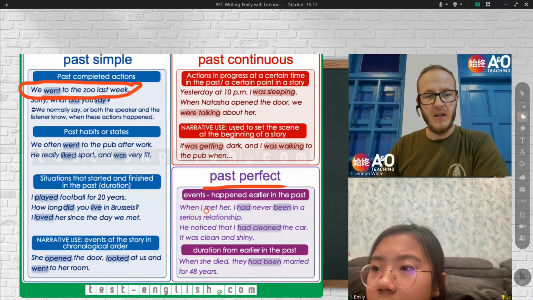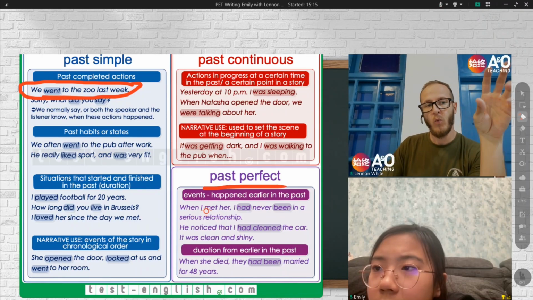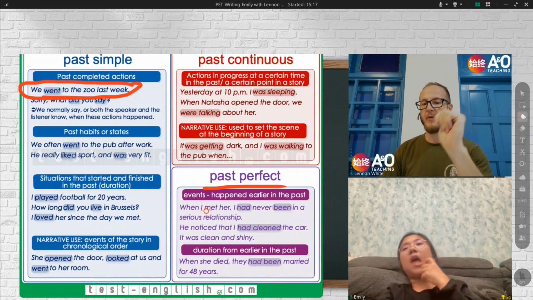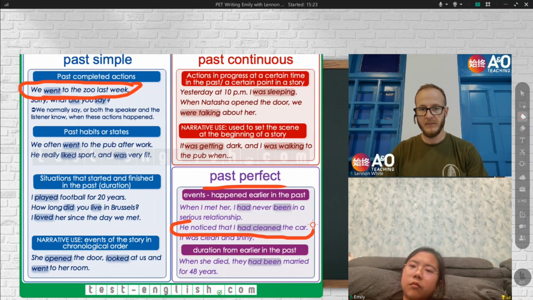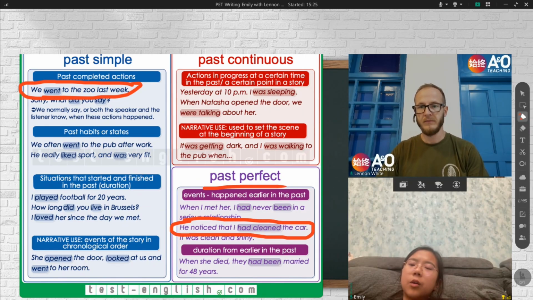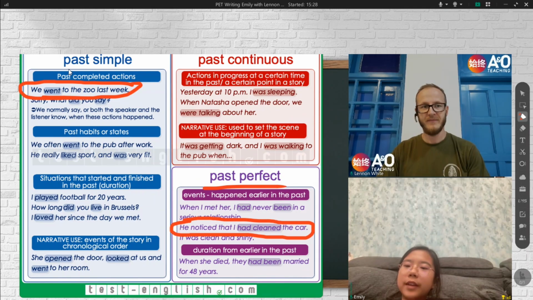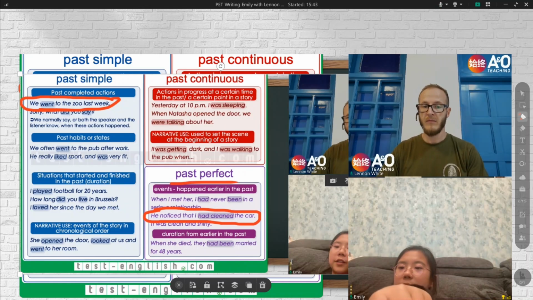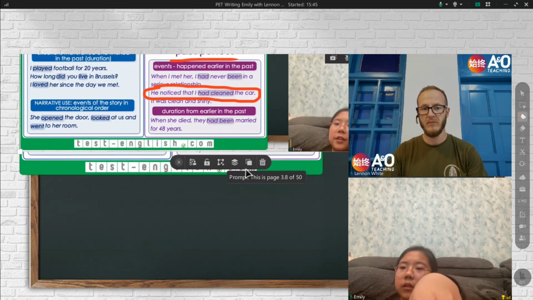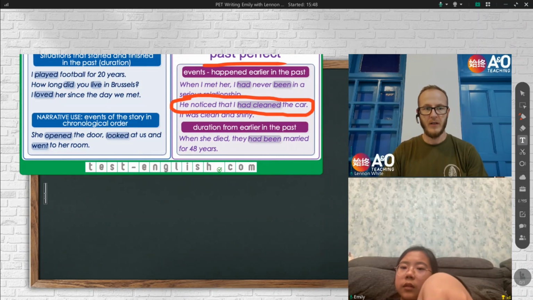Can you give me an example with past simple and past perfect in a sentence? When my mom called me, I had already done my homework. One more time? I had already finished my homework. Let's write it down.